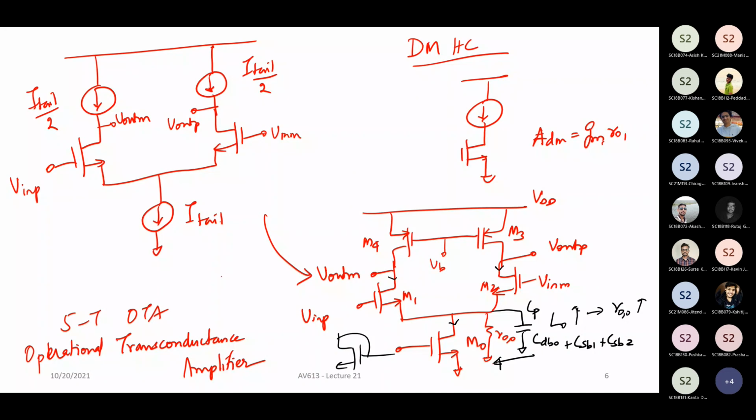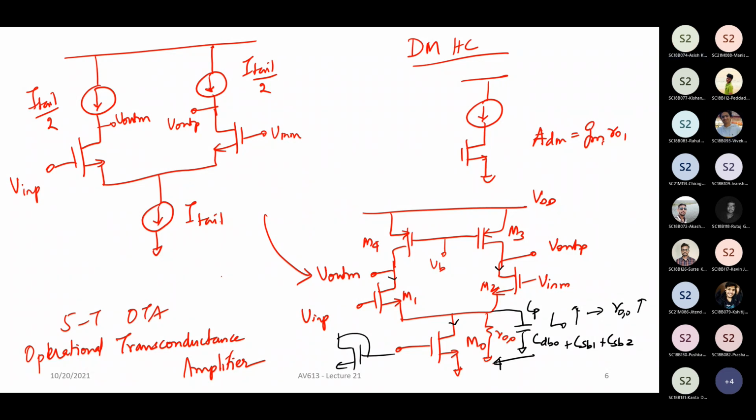Slew rate will be affected if your output capacitance is higher. Okay. Gain, sir. Which gain? Differential mode gain or common mode gain? Differential, sir. I think CMRR. Correct, CMRR, right?